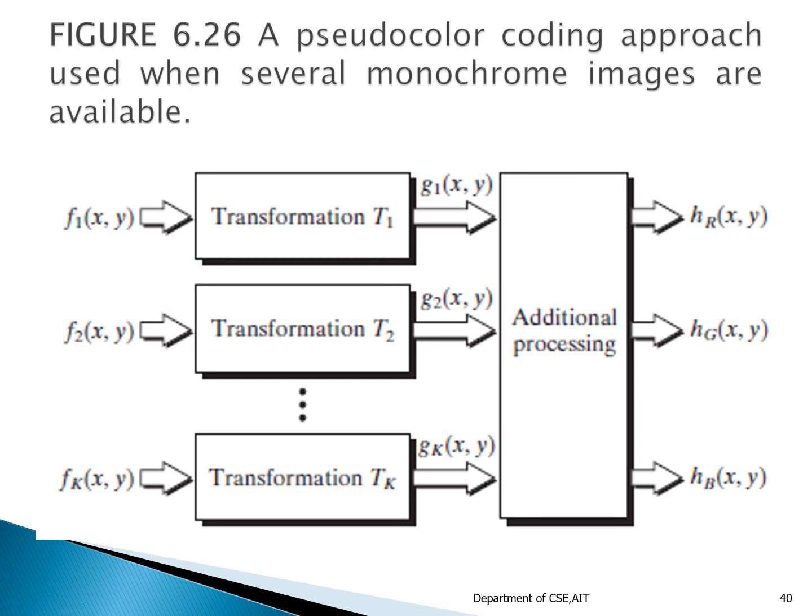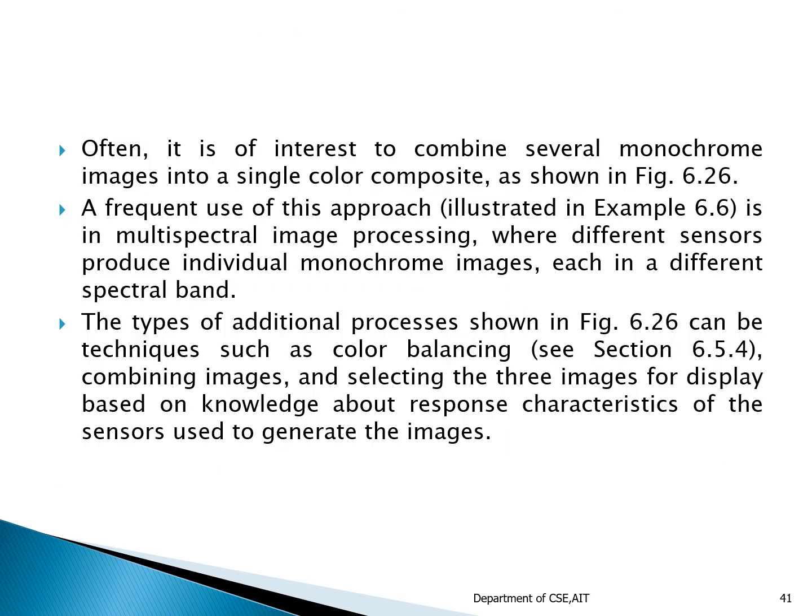Here we have a picture of pseudo color coding used when several monochrome images are available and the transformation is applied. The approach is used in combining different spectrums and creating a balanced image consisting of images obtained from many different sensor characteristics.